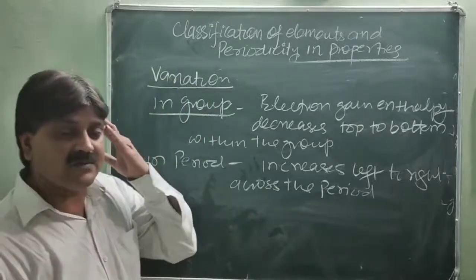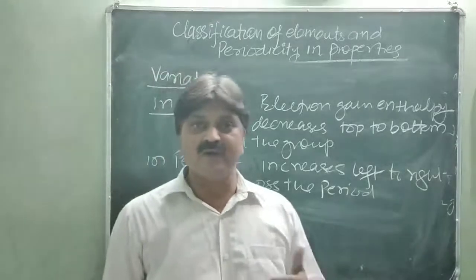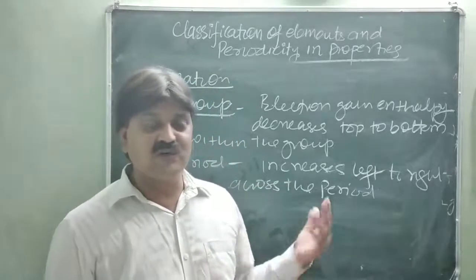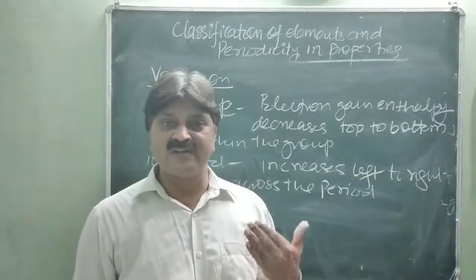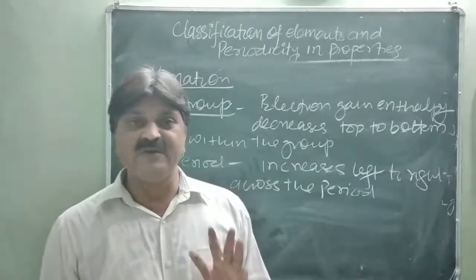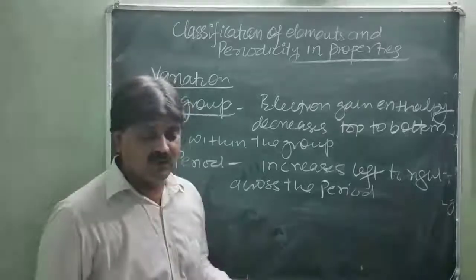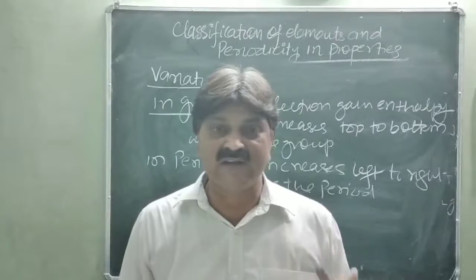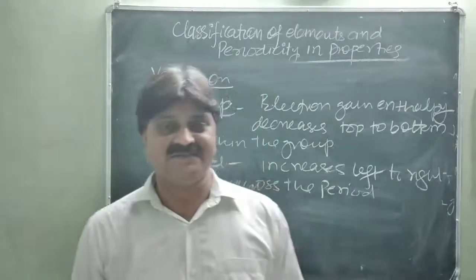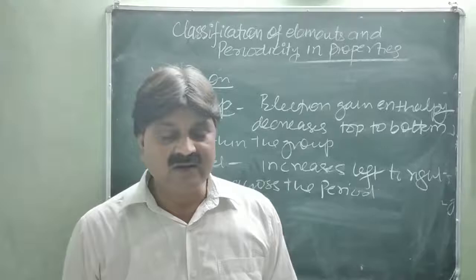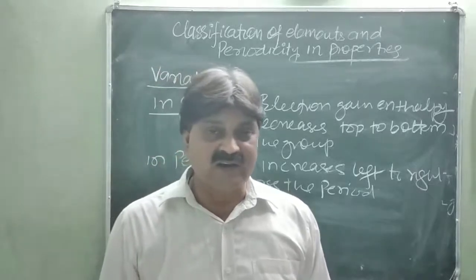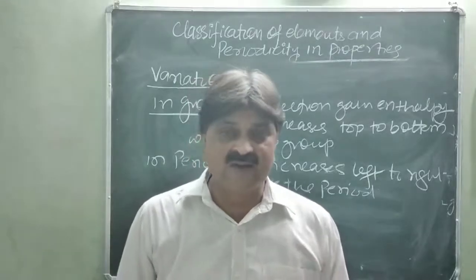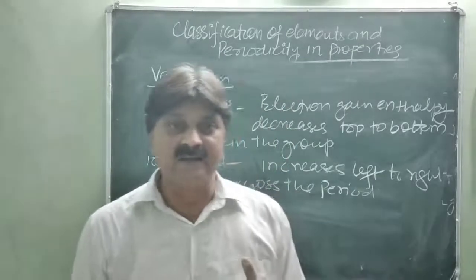Now one more question arises here. What will happen in the case of oxygen and sulfur, fluorine and chlorine, and which element will have the higher electron gain enthalpy? You know that when coming from top to bottom, electron gain enthalpy decreases. But keep in mind, in the case of fluorine and chlorine, chlorine is the element which has the highest electron gain enthalpy among all known elements. Chlorine has a higher electron gain enthalpy than fluorine, and after chlorine, the electron gain enthalpy decreases.